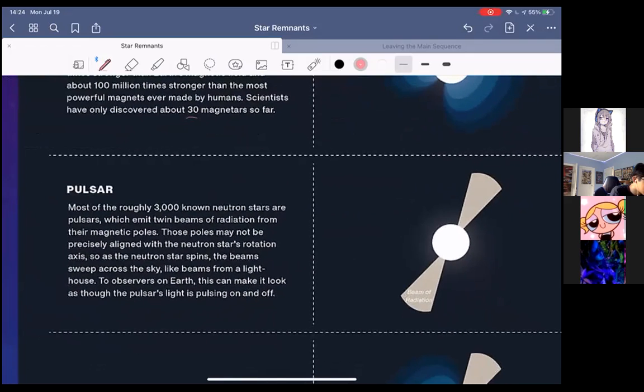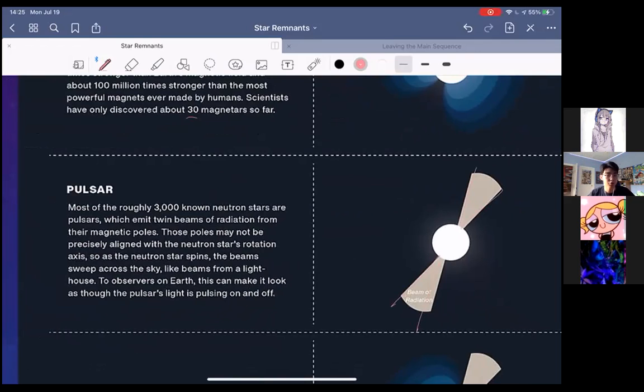Another type of neutron star, this one's a lot more common, is what we call a pulsar. A pulsar has 2 beams of radiation that come out from its poles. And the reason for this radiation is, yet again, its magnetic field.